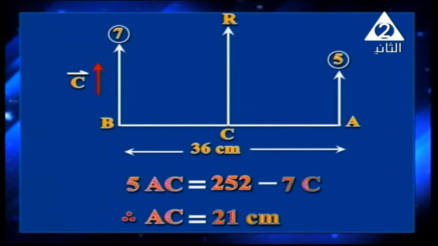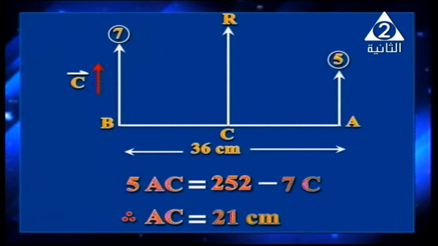Therefore, AC is 21. Therefore, what is BC? 36 minus 21 equals 15 centimeters. Then R equals 12 and acts at a point.